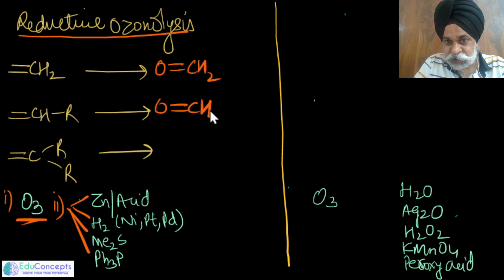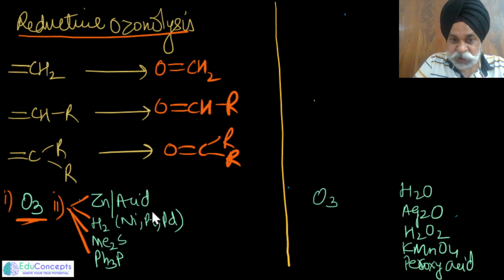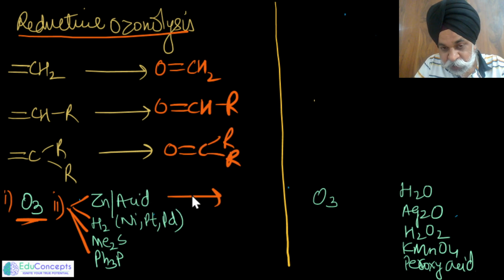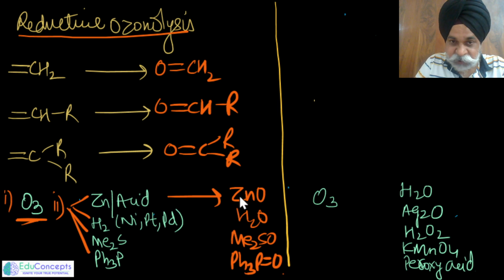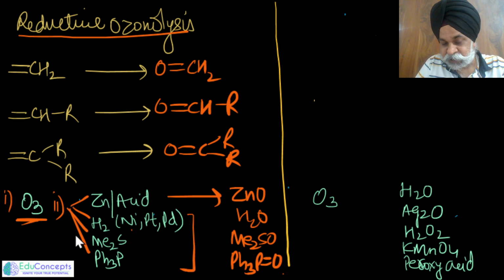Reductive ozonolysis is easy to remember. You would end up getting this type of thing, because in this case, from the ozonide, they throw out zinc oxide or water or dimethyl sulfoxide or triphenyl phosphine oxide. Just like in the previous case I have shown how zinc abstracts the oxygen from the ozonide, these entities also abstract the oxygen, and that's why it is called reductive ozonolysis.